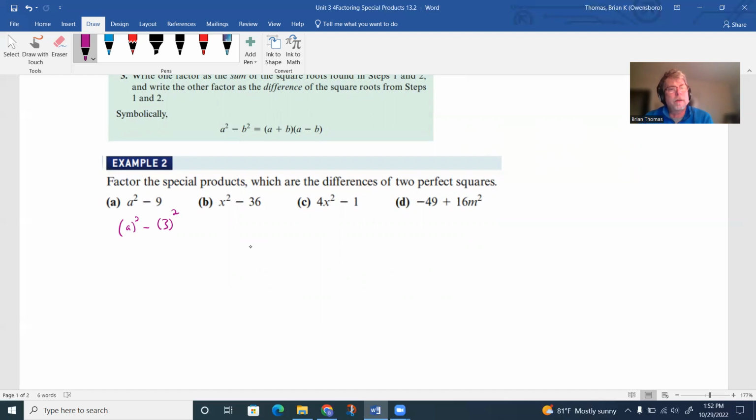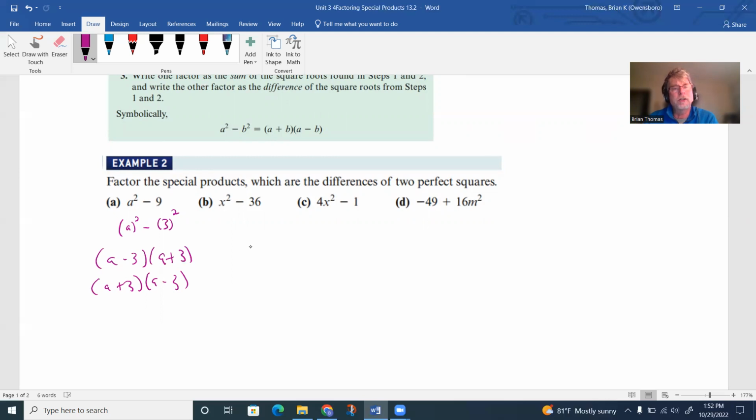So we use this a minus this 3 times this a plus this 3. Or again, you could have written it as a plus 3 times a minus 3. Remember, in multiplication, order does not matter. As long as one of the factors is a plus 3 and one of the factors is a minus 3, it doesn't matter what order those are in. So that's how we approach this.